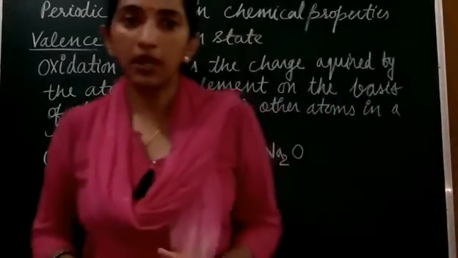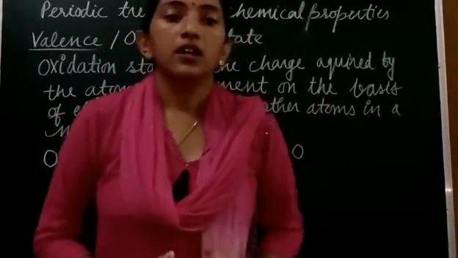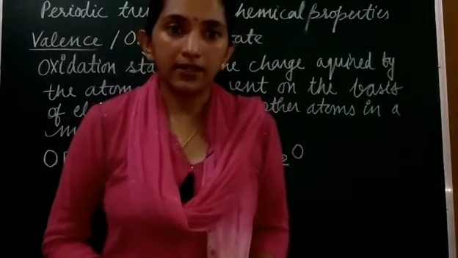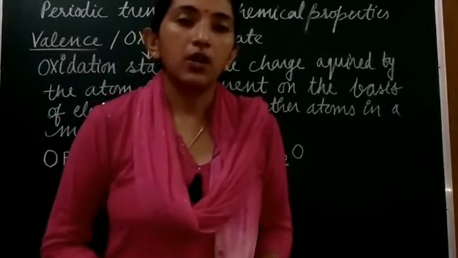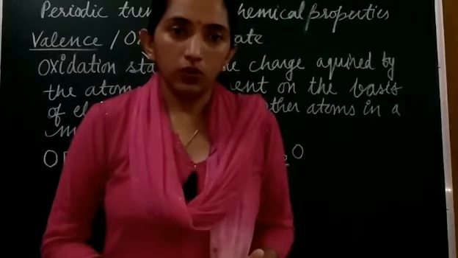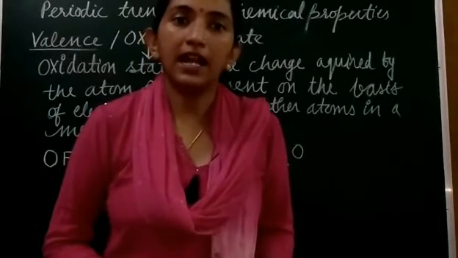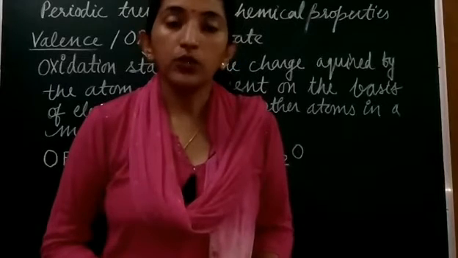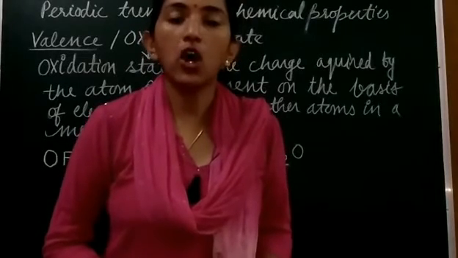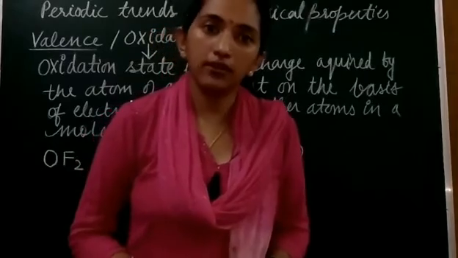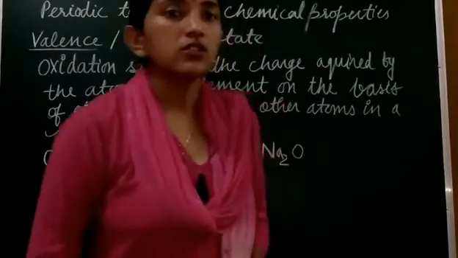That means in a compound, two or more atoms can be present, and in the molecule of that compound, the charge acquired by the atom of an element with respect to the other element is on the basis of electronegativity.